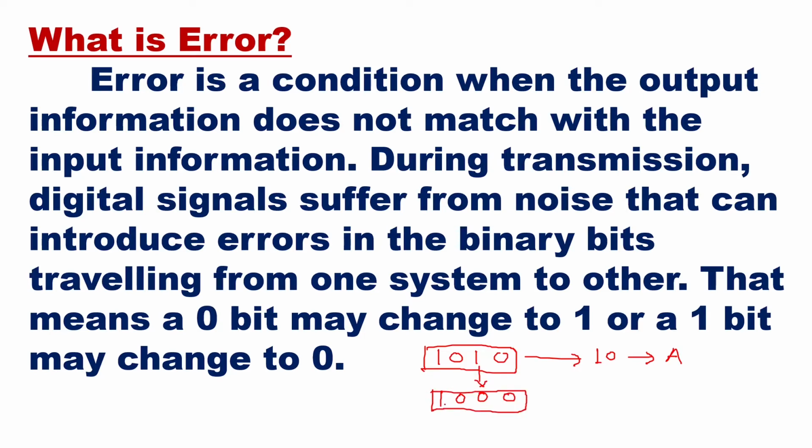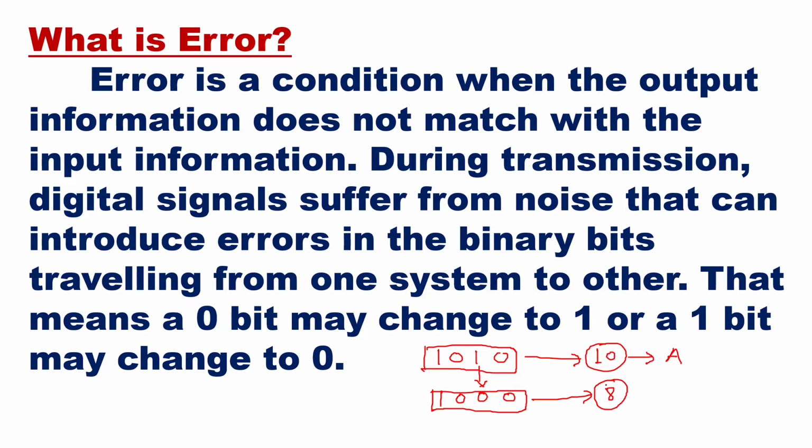Because one bit has changed from 1 to 0, the meaning of this is 8, whereas you had sent 10. Because one bit has changed, the meaning has changed. That is what will happen in a code word or in any binary information message: a one-bit change will change the complete meaning of whatever you have transmitted. That means an error has occurred.